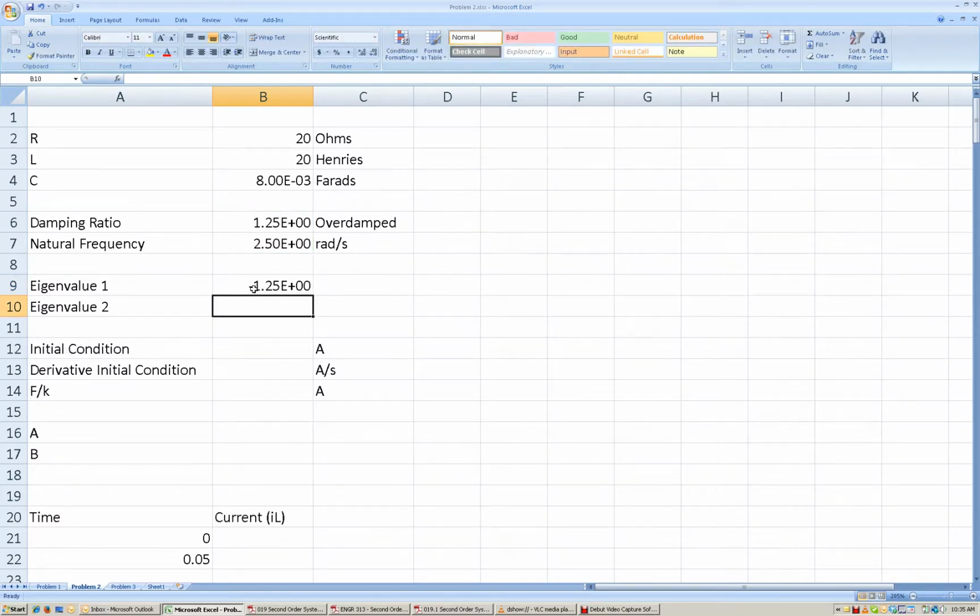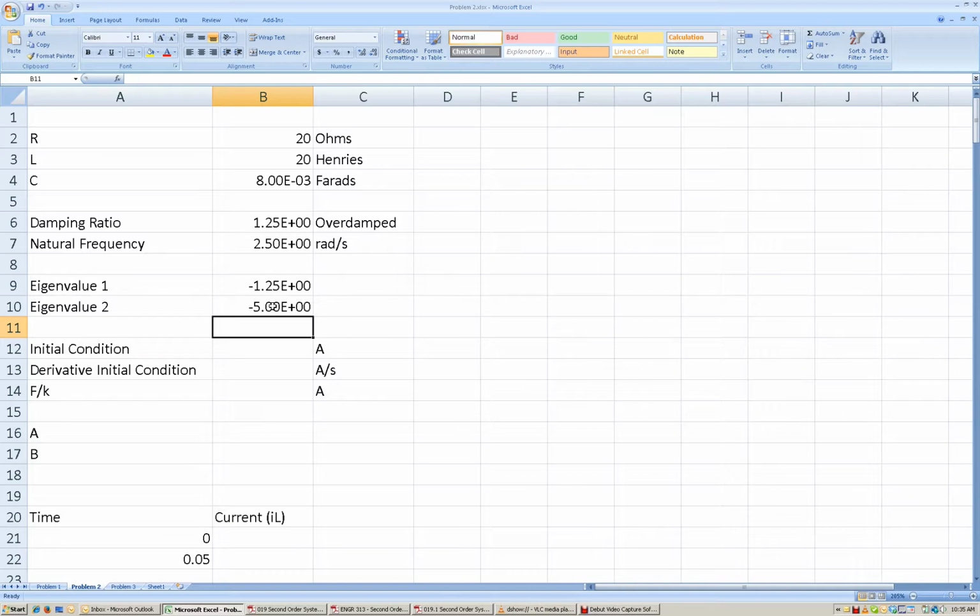That gives me my first eigenvalue. The second eigenvalue is identical, except we subtract that square root term instead of adding it. So now I have my two eigenvalues, negative 1.25 and negative 5. Now I need to determine my initial conditions and my derivative initial conditions.